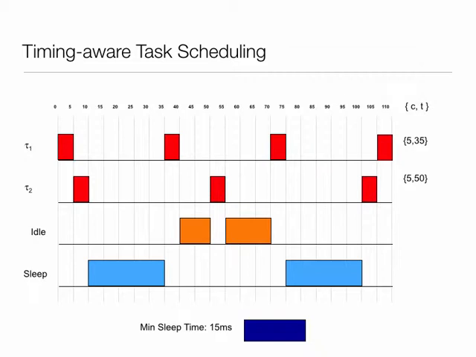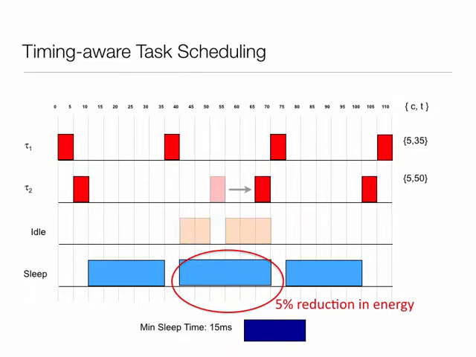But you could go towards non-work conserving schedulers, where we may deliberately choose to leave things idle, either because we are confident we can still meet the deadline, or because we know about future arrival patterns, and that can again result in better optimization. For example, in this particular case, if you look at the tasks here, by just shifting them out we can still meet the deadline, but increase the idle time or sleep time opportunity.